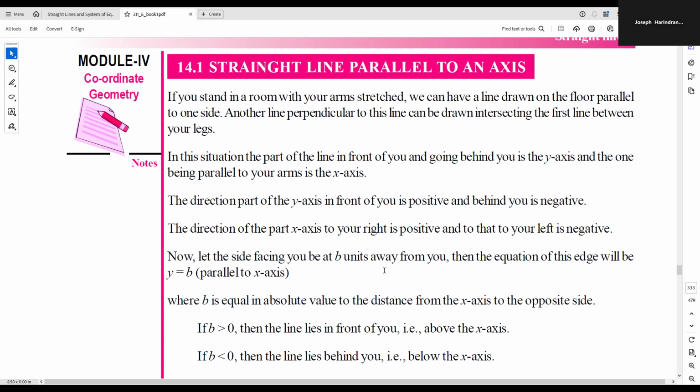But it is parallel to the x-axis. So y is equal to b. This is of the form y is equal to b.